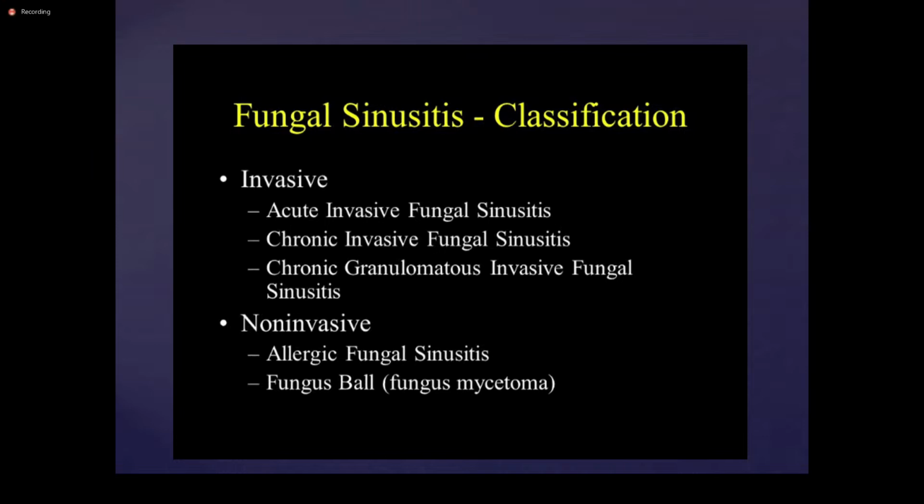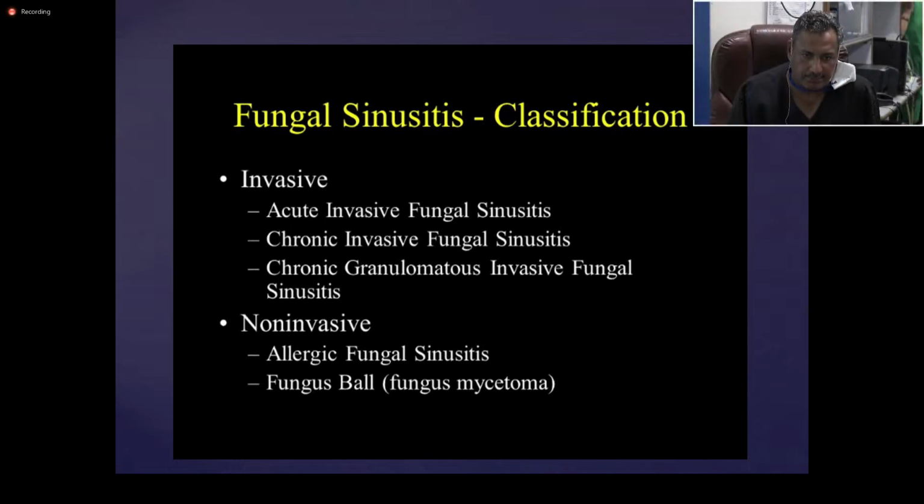But this is a non-reactive, simple, non-invasive fungus. It doesn't need any major treatment but to remove the fungus by endoscopic sinus surgery, establish ventilation and drainage, and forget about it. That's the simplest aspect of fungal sinusitis one can think of.